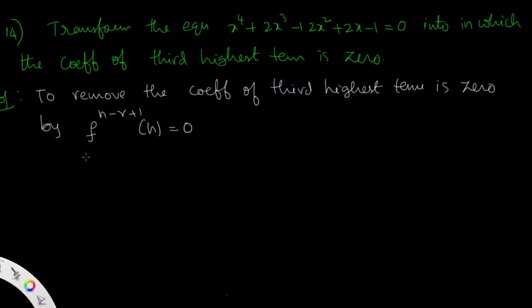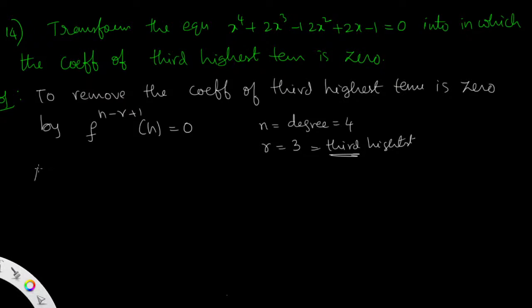For this formula, f means differentiate the function n minus r plus 1 times at h. Here n means the degree of the equation, which is 4. R means 3. Why? Because r equal to third highest term means r equal to 3, and h we have to find.